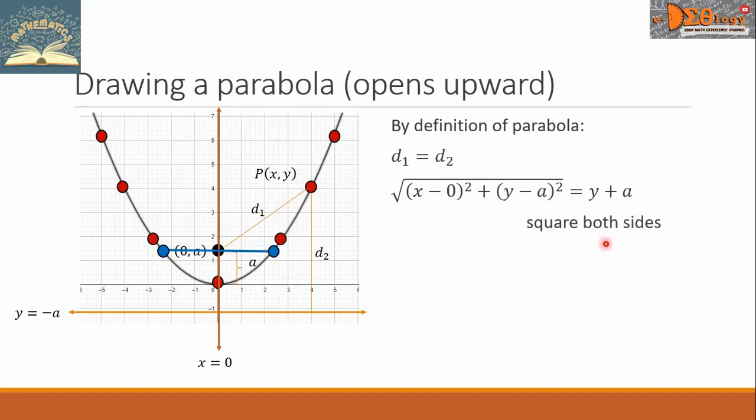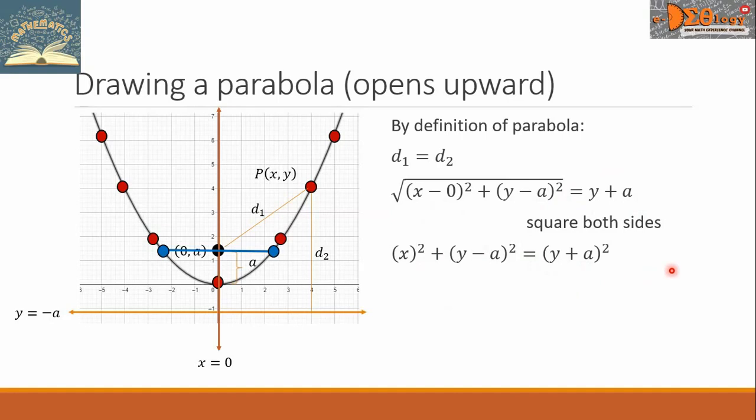Let us square both sides to simplify further. The left side becomes x squared, since x minus 0 is simply x, and the square of y minus a we simply copy here. And this is equal to the square of the right side, which is (y plus a) squared.